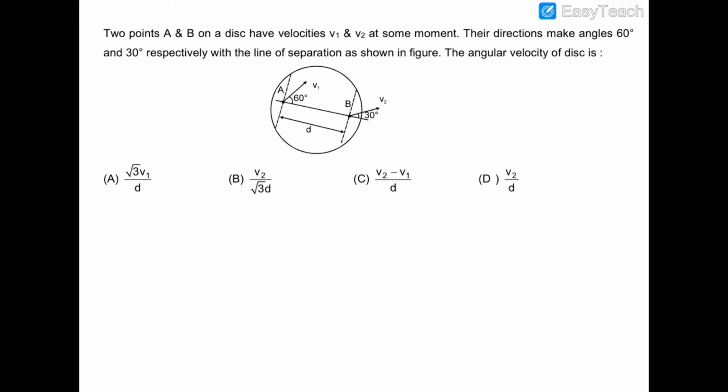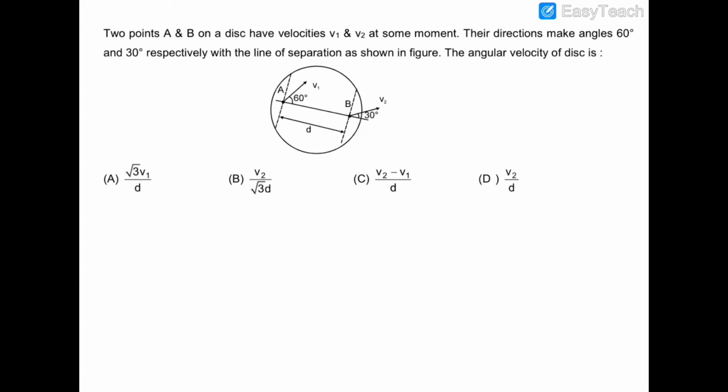Now I'll show you this calculation by instantaneous axis of rotation. You can also find out the angular velocity by a simpler method just for this question, but we are discussing IAR, so I'll show you how to find out the angular velocity by instantaneous axis of rotation.